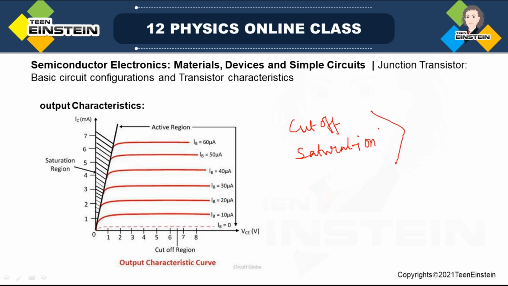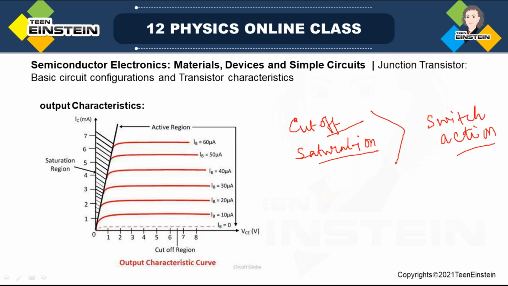These two situations are used for the switch action of the transistor. So the transistor is operated either in saturation or cutoff region when we use it as a switch.